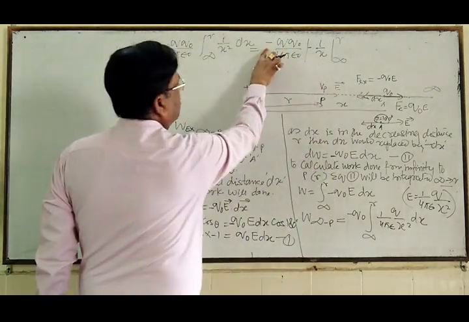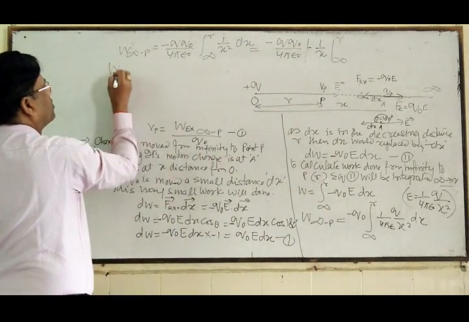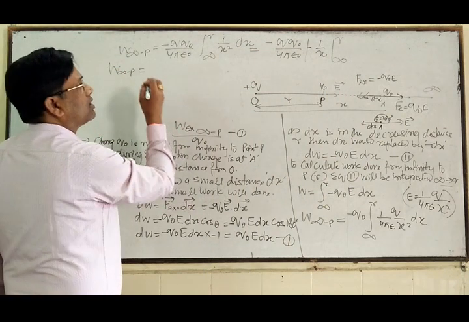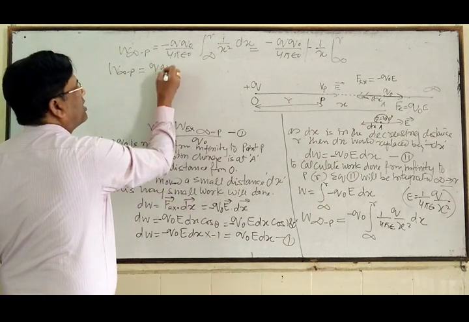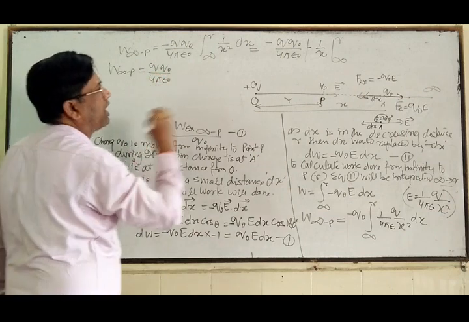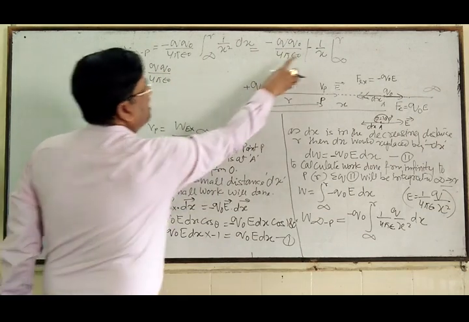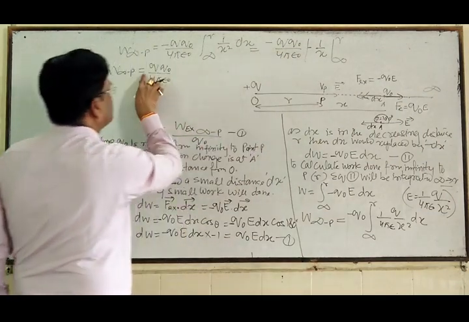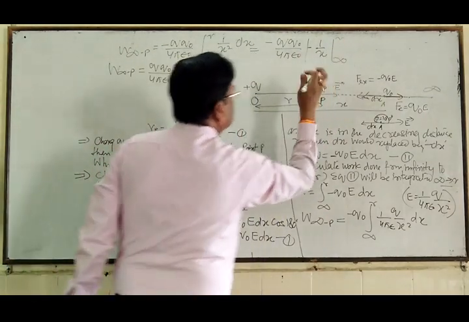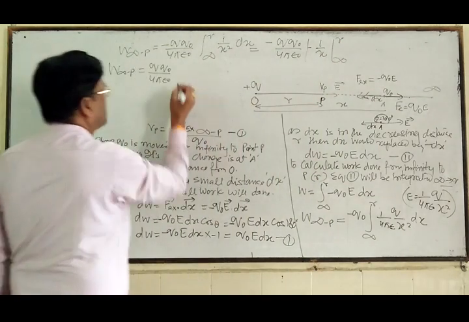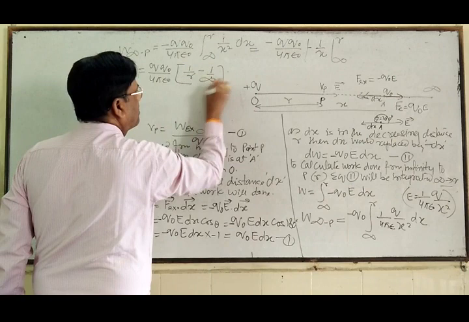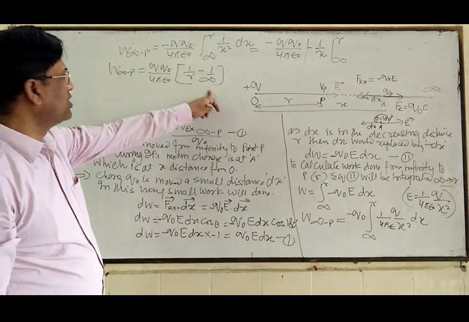Minus, and this minus sign will be plus, then we will get W infinity to P is equal to Q naught upon 4 pi epsilon naught, and this minus sign is taken here, minus become plus here, then 1 upon x, its upper limit is r, then it will be written it is 1 by r minus 1 upon infinity. 1 upon infinity is 0.